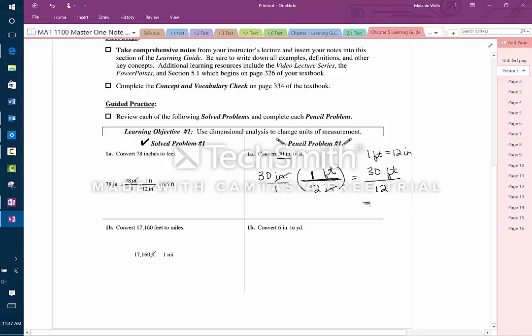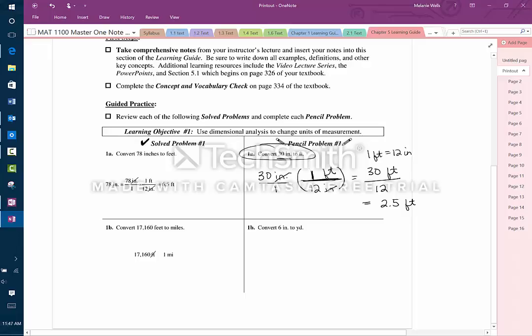Now let's simplify that. If you take 30 and divide it by 12 in your calculator, you get 2.5, and the units that are left are feet. So pay very close attention to the units. We want those to be exactly what we're trying to convert to.